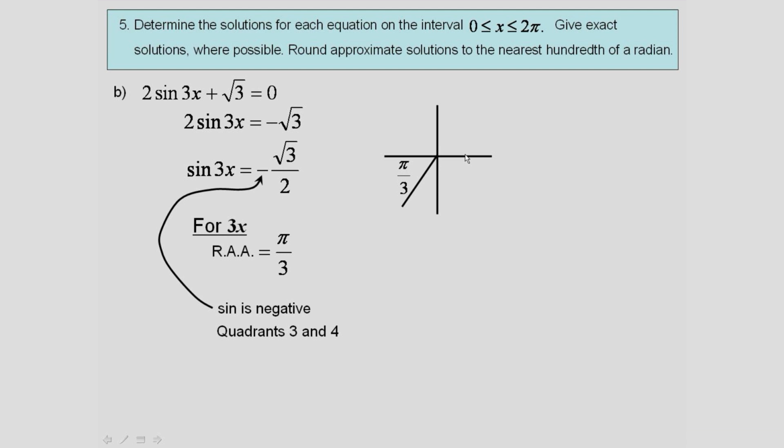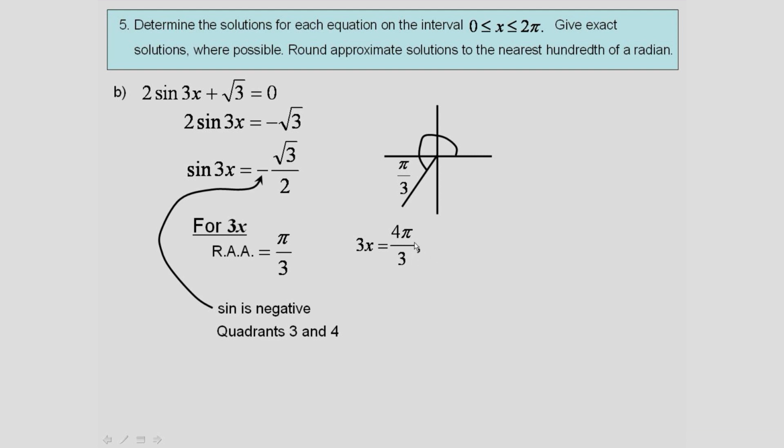We can get that by taking pi and adding pi over 3. So pi is 3 pi over 3 plus 1 pi over 3 is going to give us 4 pi over 3. And that's one of our values. But keep in mind, that is a value for 3x. Pi plus pi over 3 is 4 pi over 3. That's one of our values for 3x, not x.